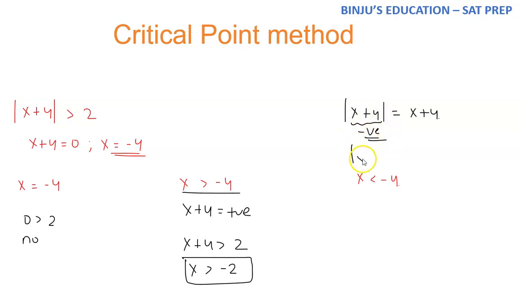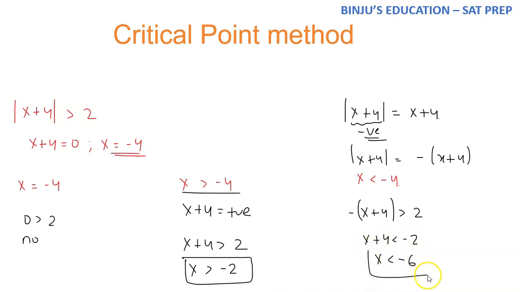So I'm going to open this expression as minus of x plus 4, because when x plus 4 is negative, if I put a negative sign in front of the entire expression, then the whole expression will become positive. You can say minus of x plus 4 is greater than 2. Multiply both sides by a negative sign, so x plus 4 is less than -2 and x will be less than -6.